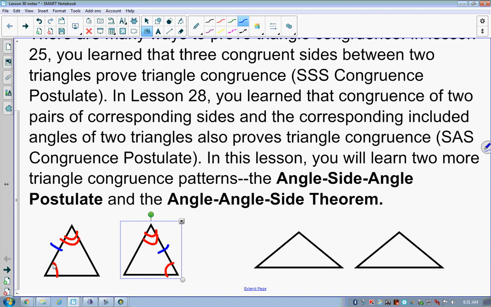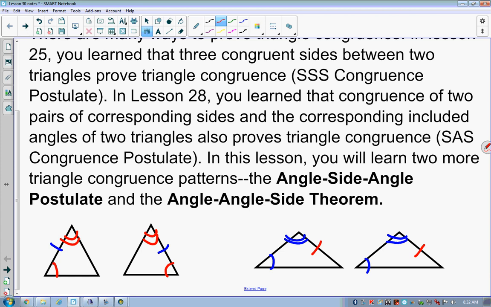Over here, let's do an example of angle-angle-side. I'll do angle, angle, side, but it has to go in that order in a sense.